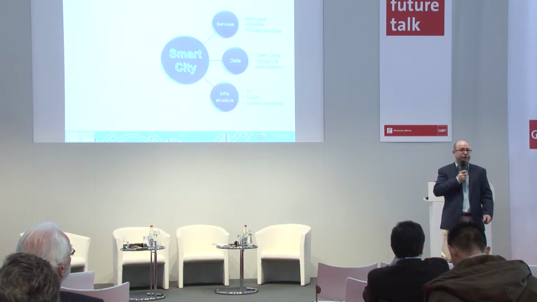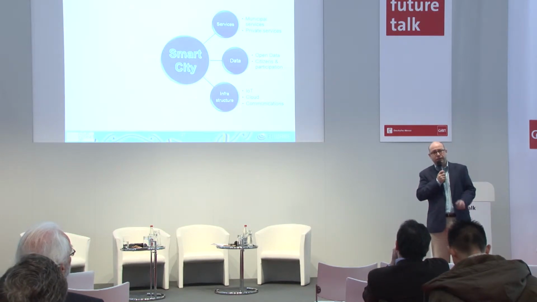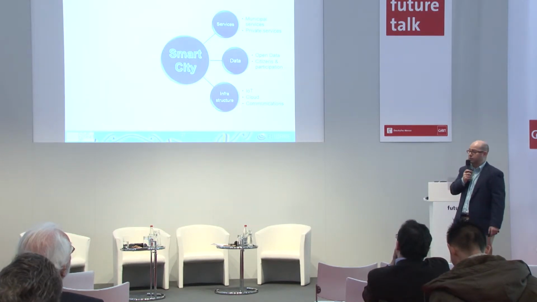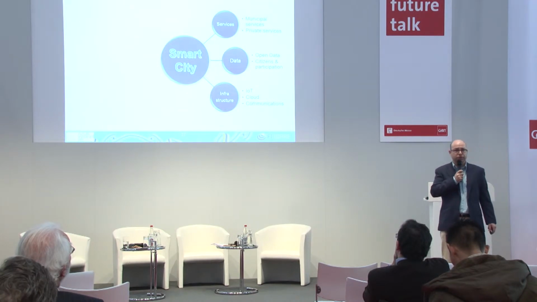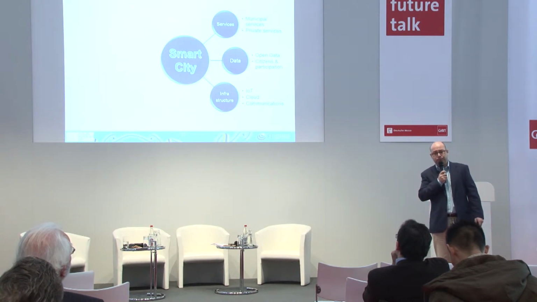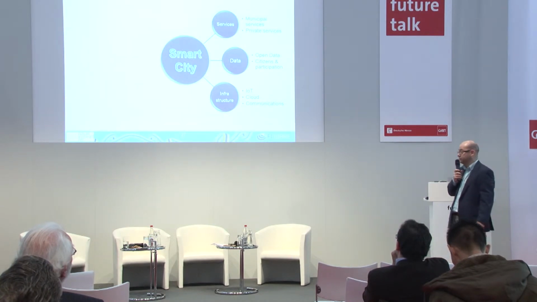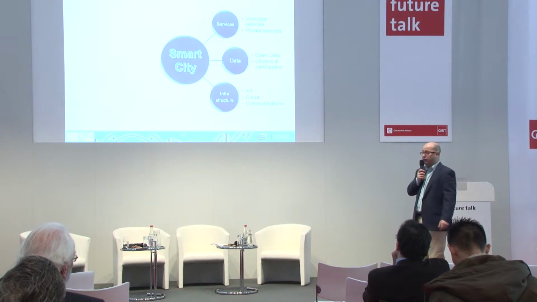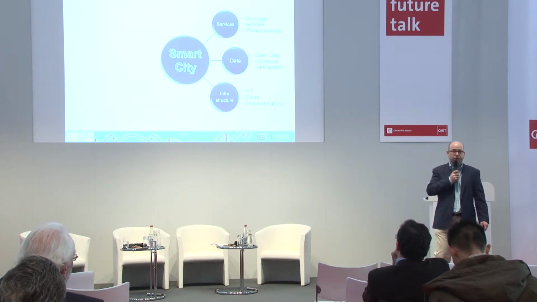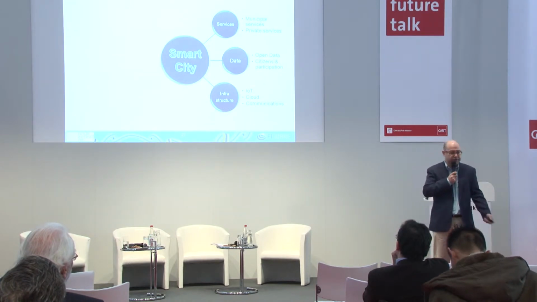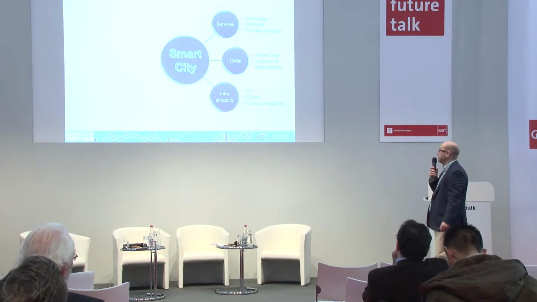On the other hand, we have a lot of data: from the public administrations, open data, and also a lot of data coming from the citizens that are willing to participate and offering their data to the city. And finally, we also have very interesting infrastructures: Internet of Things, cloud infrastructure, communications.